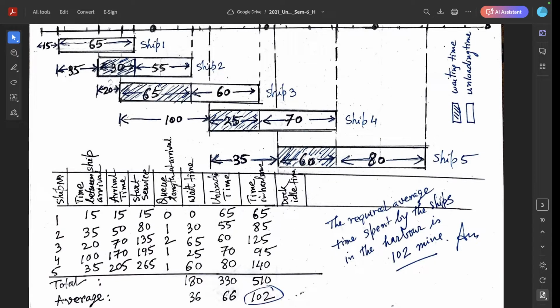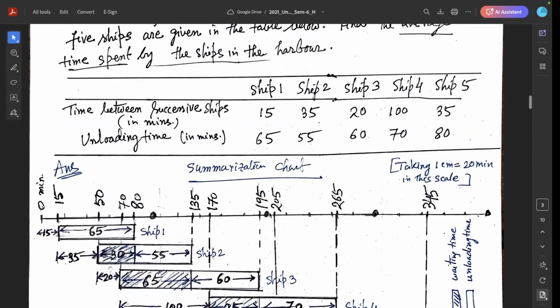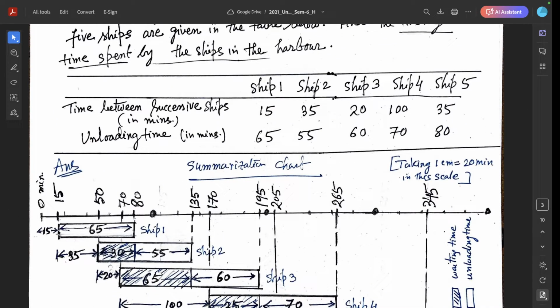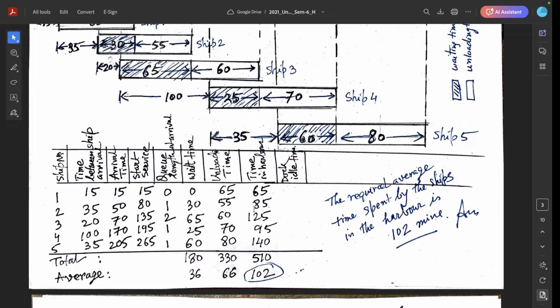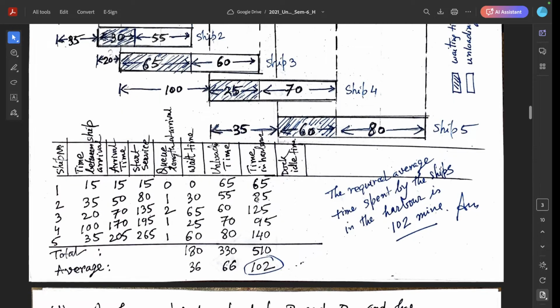For the time in the harbor, the first ship's total time is 65, the second ship is 30 plus 55, that is 85 minutes, 65 plus 60 is 125, 25 plus 70 is 95, and 60 plus 80 is 140, the times of the ships in the harbor.